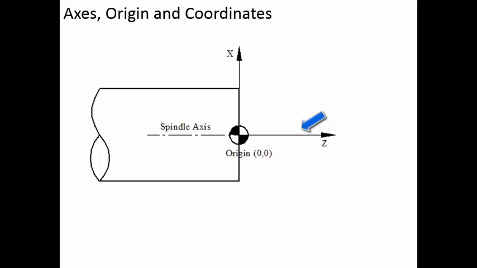We can fix the origin of our coordinate system anywhere along the spindle axis or within the particular plane. Where to fix the origin depends on the user, and based on the origin he fixes, he has to find the coordinates of all the points of interest so that he is able to move the tool along the required profile.